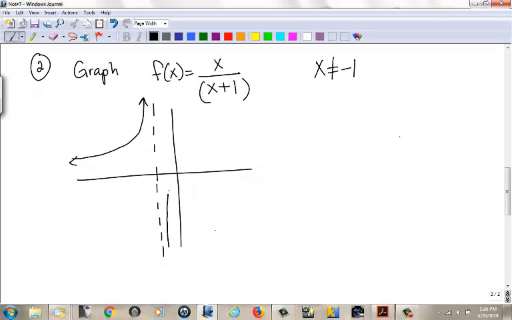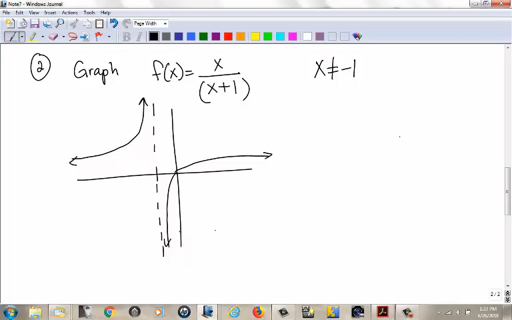So it goes through 0, 0, and goes something like this. I put arrows. You should put arrows. It's going to continue on, with arrows at both ends, and it will approach the asymptote. It should not touch it.